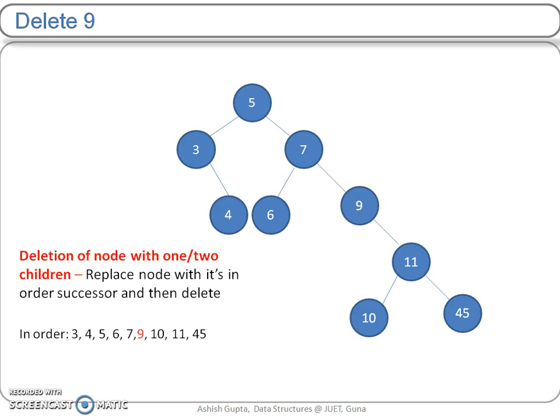The inorder successor of 9 is 10. First we replace 9 with 10. These two nodes are exchanged, and then we delete the 9, and the left of 11 becomes null. In this way 9 can be deleted from the tree.